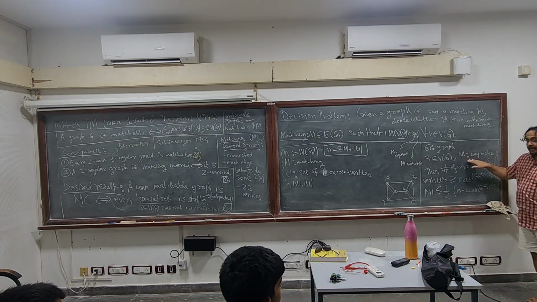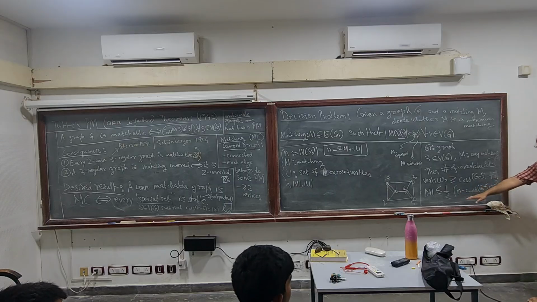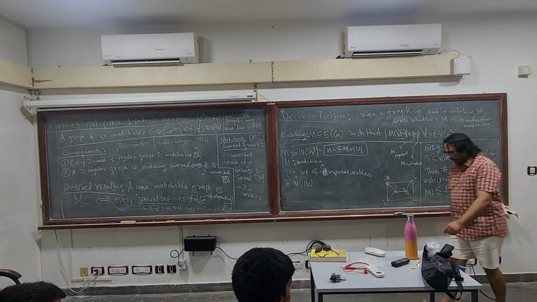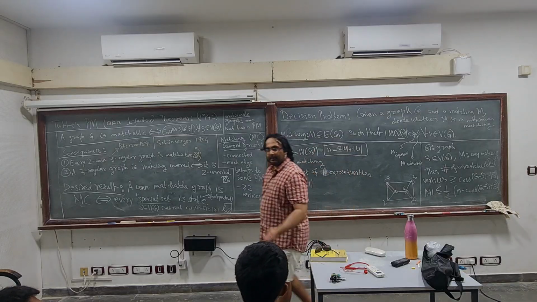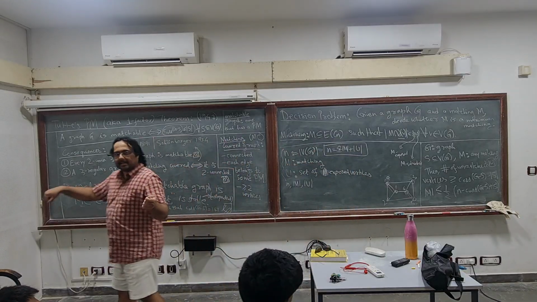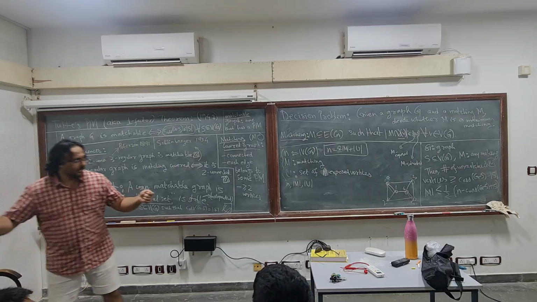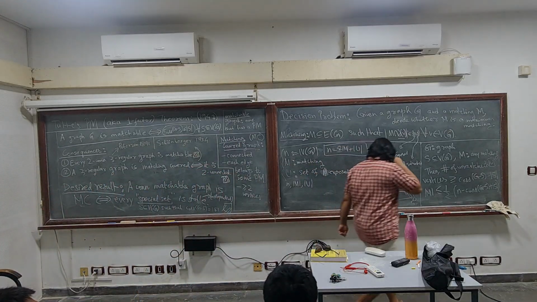So do you all agree? For any matching and for any subset of the vertex set, you have this inequality. Therefore, I can maximize the LHS and minimize the RHS, and the inequality still holds. You all agree? Okay, let's write that down.